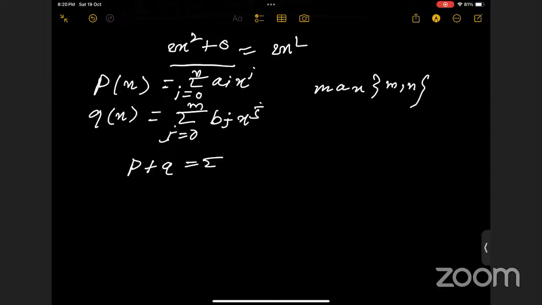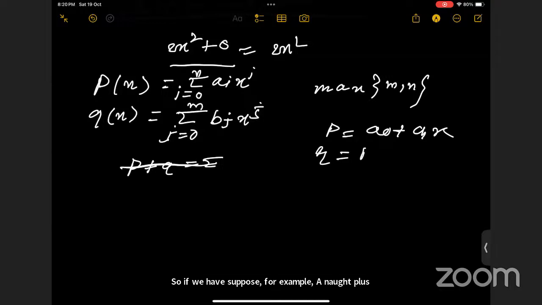That means basically we know if we want to do the addition, then we have to compare the coefficient of the terms with the same exponent, right? So suppose for example, p equals a naught plus a1x and q equals b naught plus b2x square.